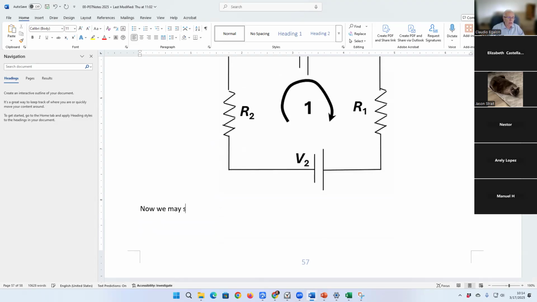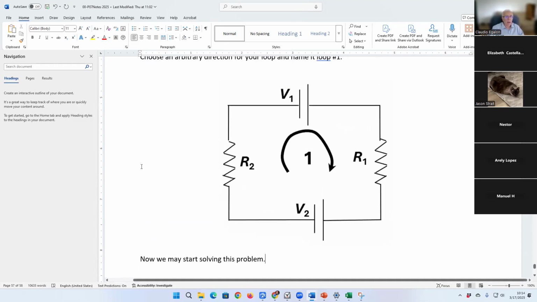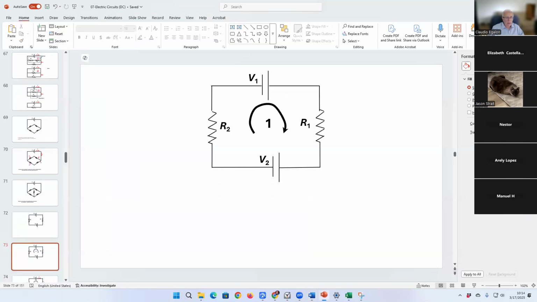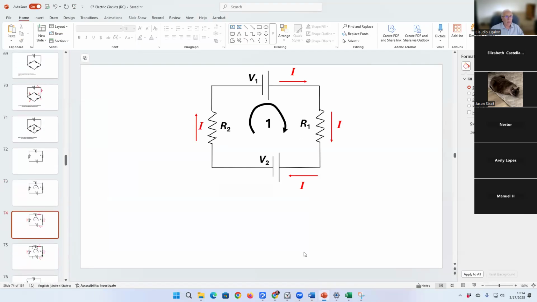Now you may start solving this problem. And the way we do it is like that. First, label the current, the direction of the current. You can put your current in whatever direction you want.